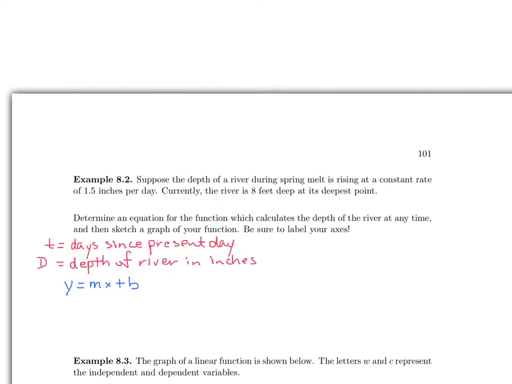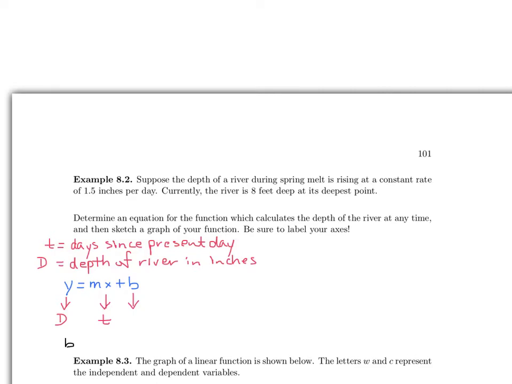First of all, the x, that's our input variable. That's being played by t in this case, and y, our output variable, that's the depth. B, that's our initial amount, which in this case would be our initial depth, or our current depth, which is 8 feet. So 8 feet, given in terms of inches, let's see, we can do this down here.